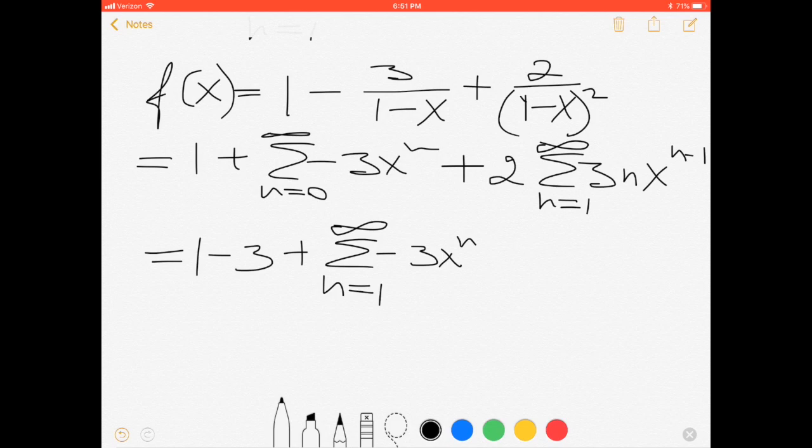Here I have plus 2 moved inside, which means 6n x to the power, n from 1 to infinity.